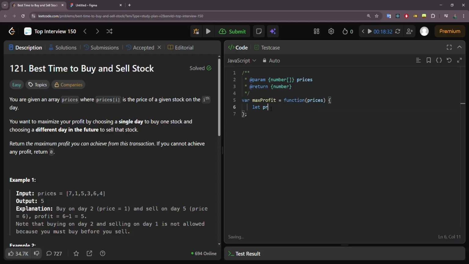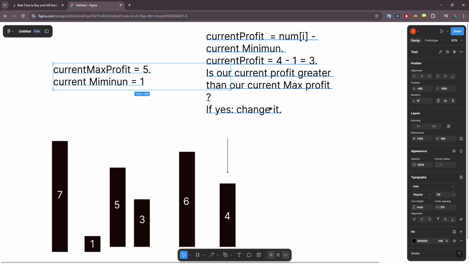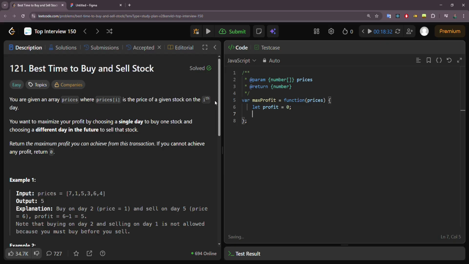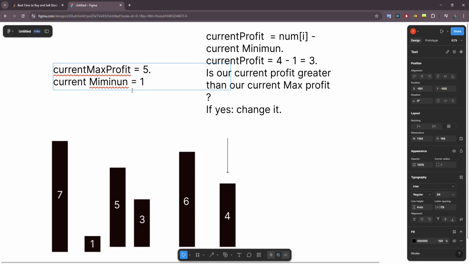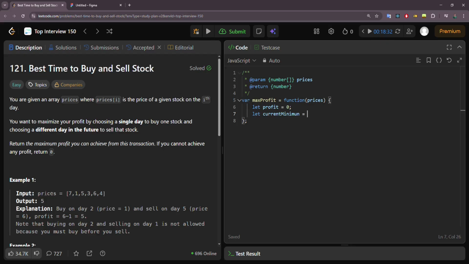Actually, we can just call it profit, 0, and our current minimum, let current minimum, this value will be by default the greatest number your language can achieve. In JS it's Infinity. And now we are going to traverse the entire array of prices.